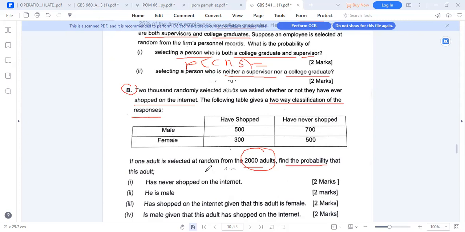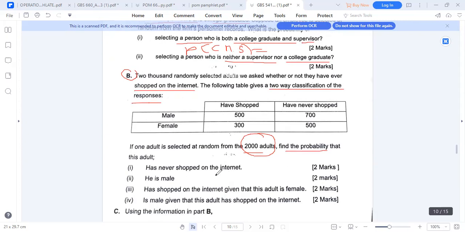Has never shopped, meaning whether he was a male or female and he has never shopped. So this one is 700 divided by 2000.